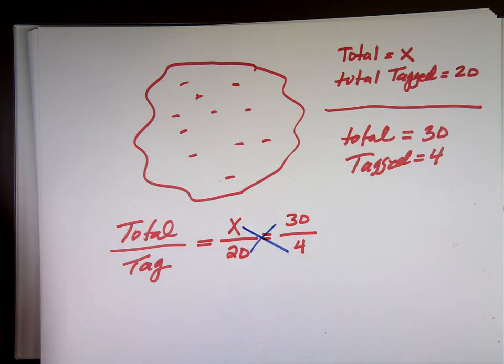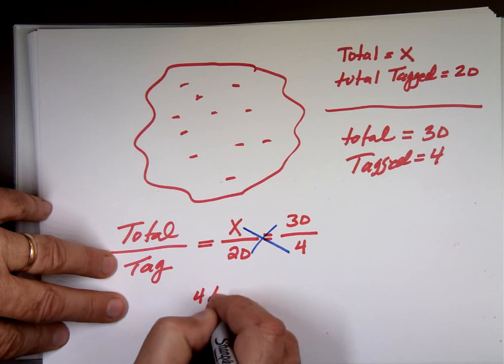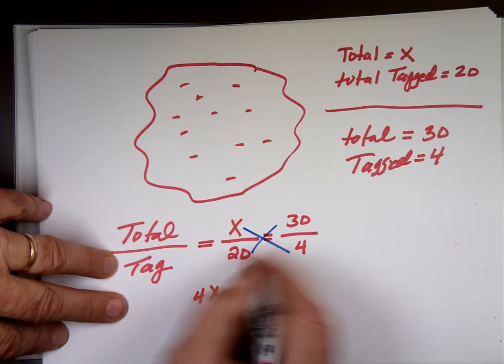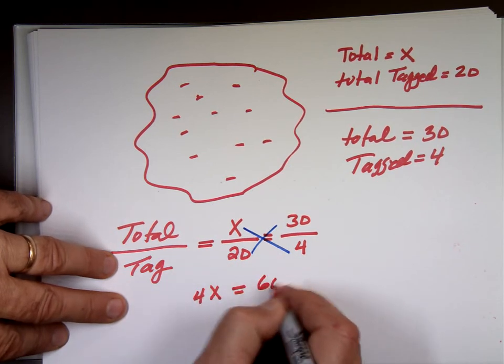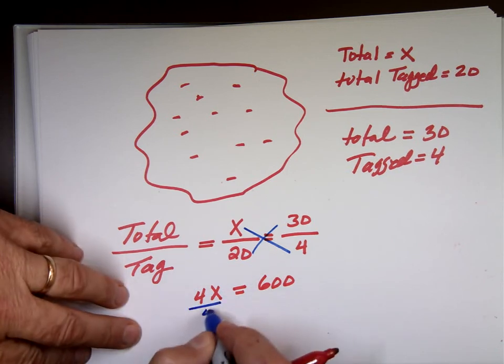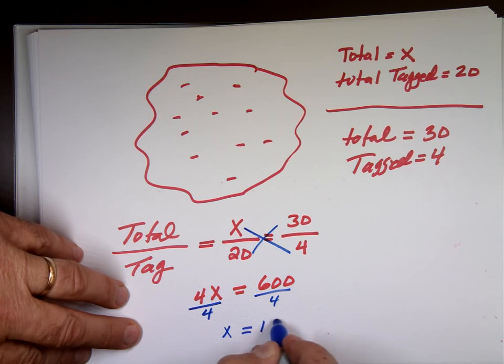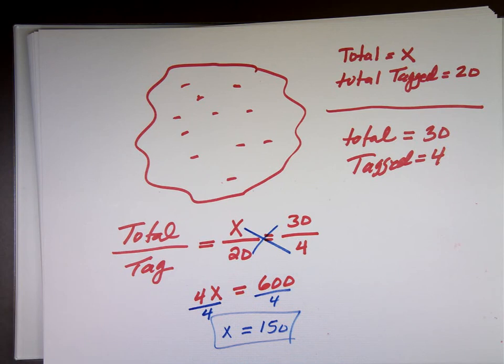X times 4, 4x. 20 times 30. And to solve for x, what do we do? There are 150 fish in Lake Lorraine. 150 good sized fish, not minnows, the ones we can catch.